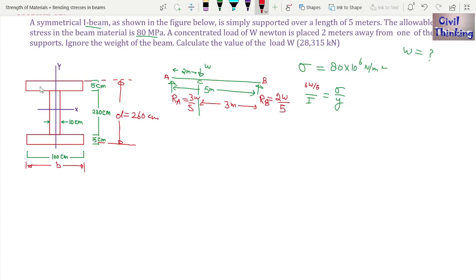Now you can assume this to be hollow. Now to find the moment of inertia of this I section, we can assume this I section to be a hollow rectangular section. Let me show it here.